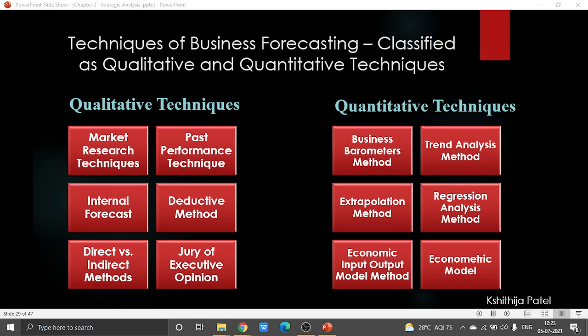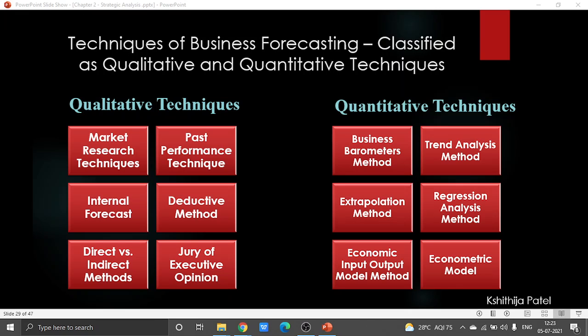So we saw six different types of qualitative techniques and six different types of quantitative techniques. It can be said that all these techniques may give different results in forecasting.